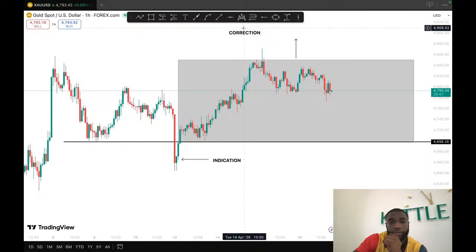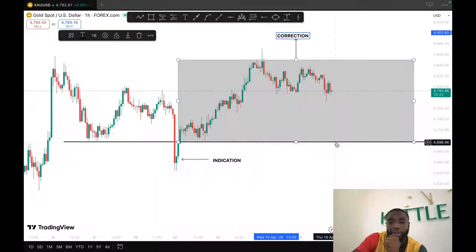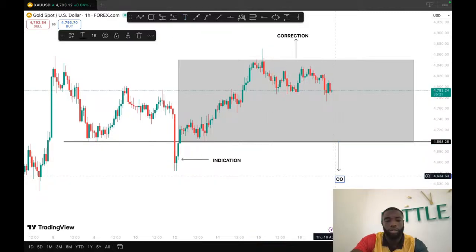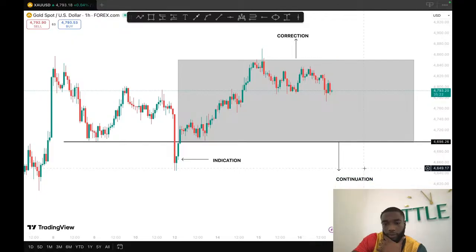The moment price gets below this level, it sells from here to here, to this initial level, the continuation. That is it. Simple three steps.